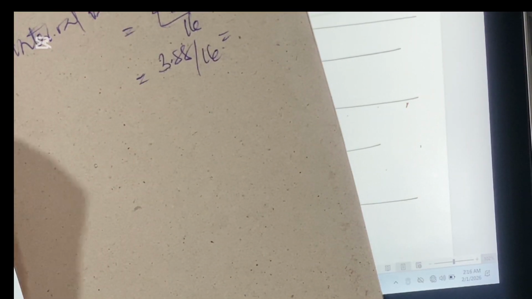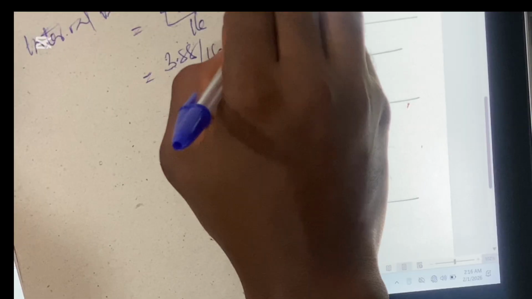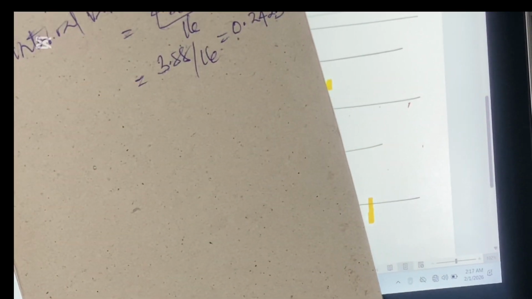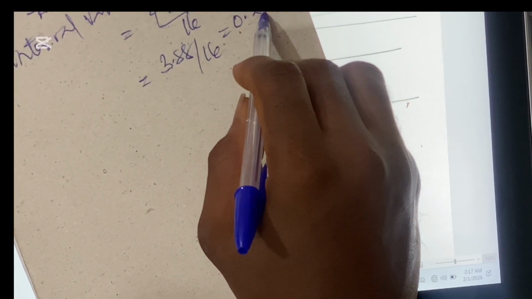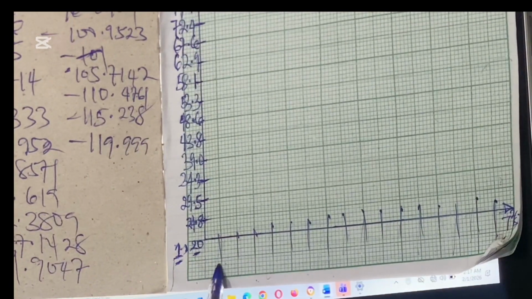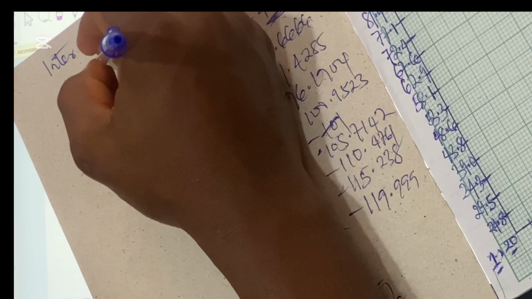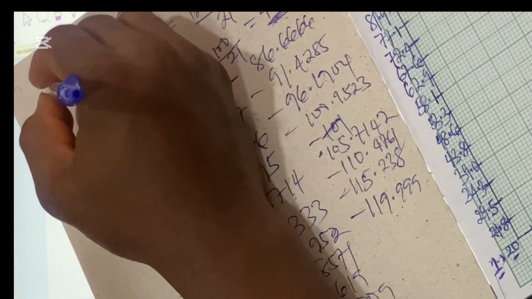Divide the result by 16, we have 0.2425. So class, our interval value is 0.2425. That is for t square.